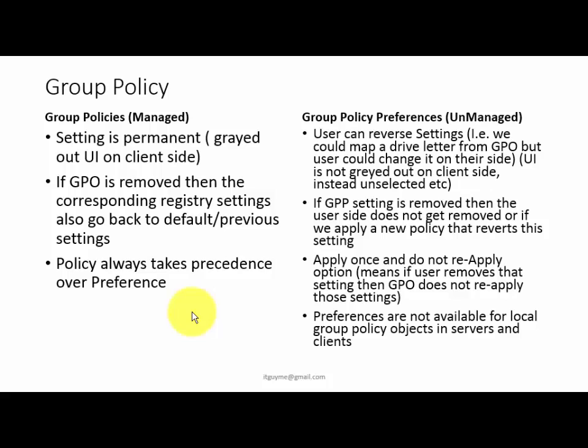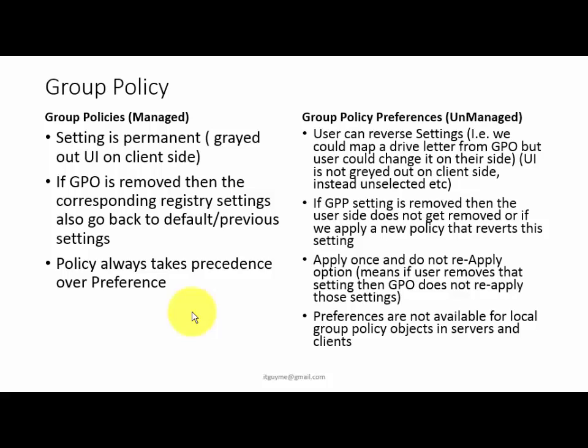If we enable this option of do not reapply, which is not enabled by default, for that particular policy, then what will happen? The user removes it, or it gets removed because of corruption, or a new operating system was installed. That policy will not be reapplied once removed from the client side. If we don't enable this option, then if the policy is implemented in group policy preferences, it remains implemented and refreshed, just like in group policy.